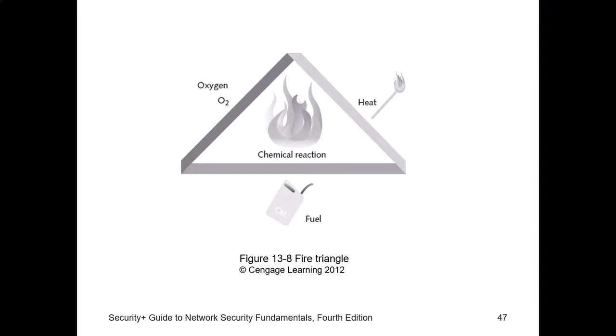If you don't have the spark, the heat, you're not going to have any fire, of course. And if there's no fuel, the fire will go out. So typically what you want to do is get rid of the oxygen. If you immediately suppress the oxygen, the fire will go out. So please write down those three things, the fire triangle.